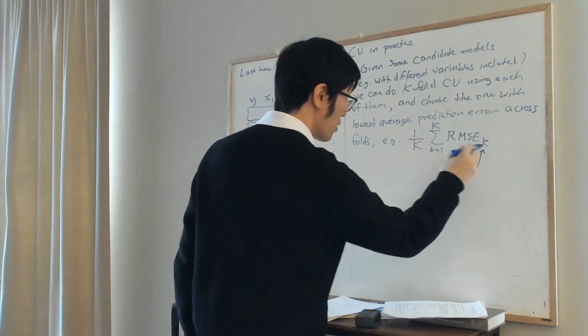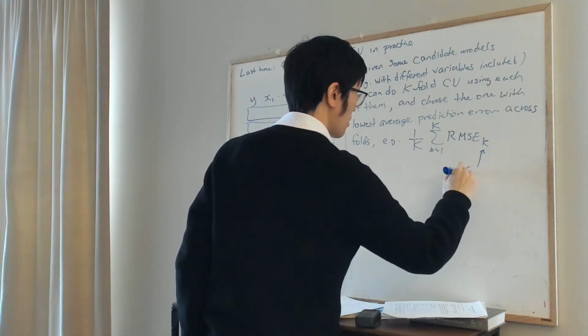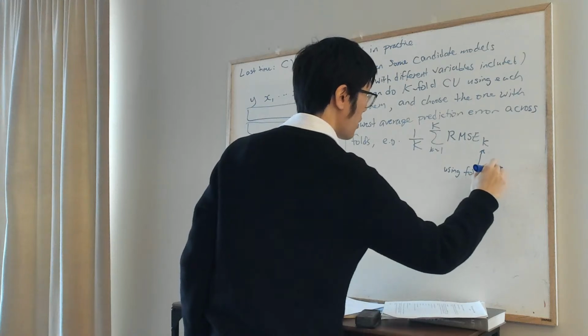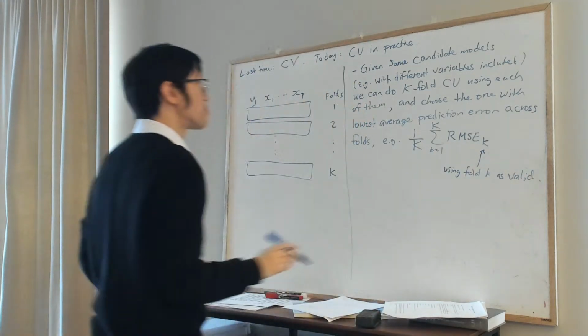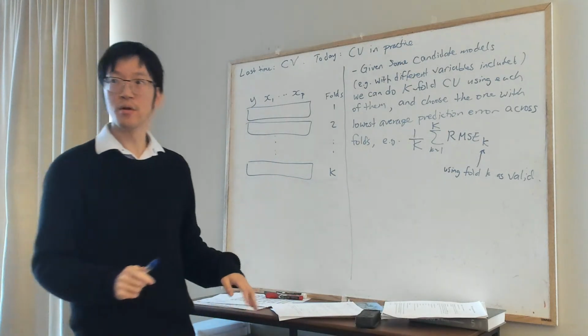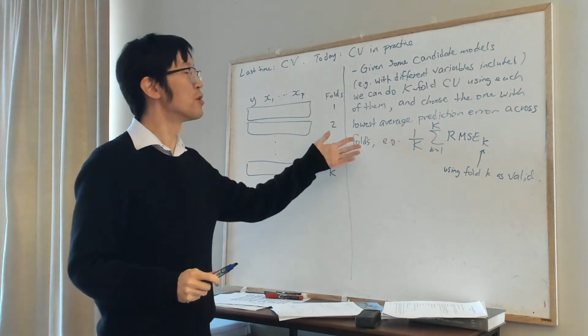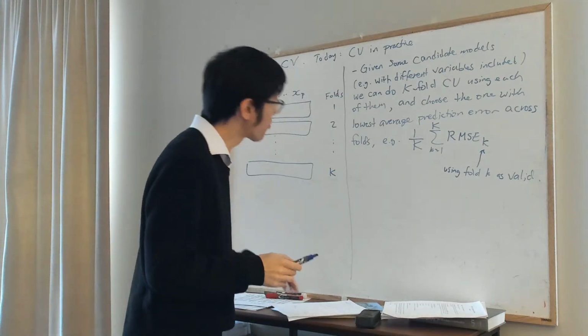Remember, in fold k, this is using fold k as validation. All right, so that gives us a procedure for choosing a model among several.